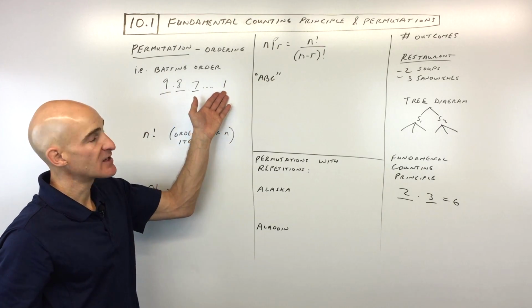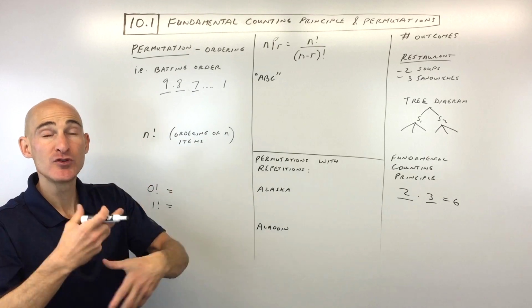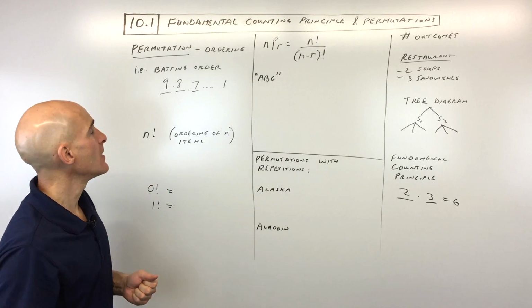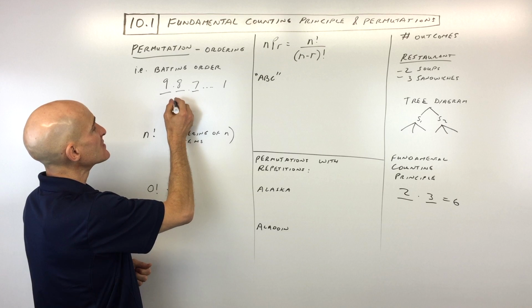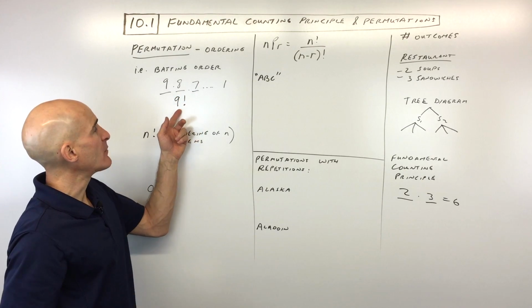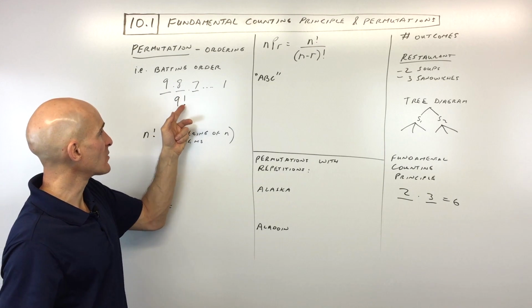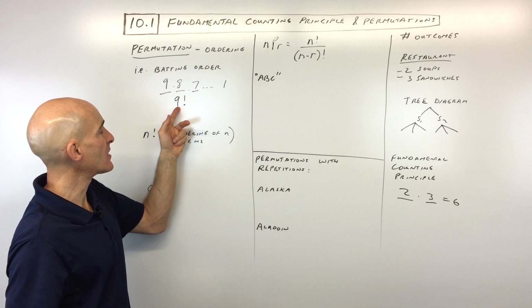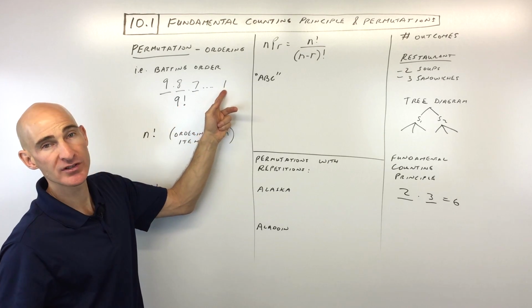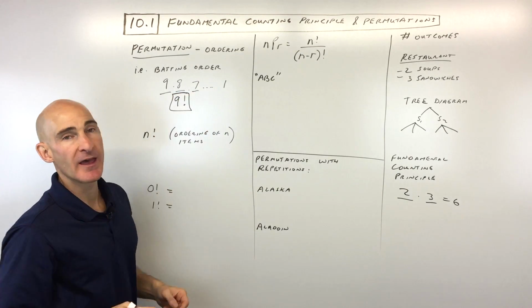And if you multiply those together, that's going to give you the total number of batting orders or possible permutations or orderings of those players. An easier way to represent this is with a factorial, 9 factorial. And I'm going to show you where this is on your calculator in just a moment. But this exclamation point just represents taking this number 9 and multiplying all the way down to 1. So it's just kind of like a shorthand way of describing that.